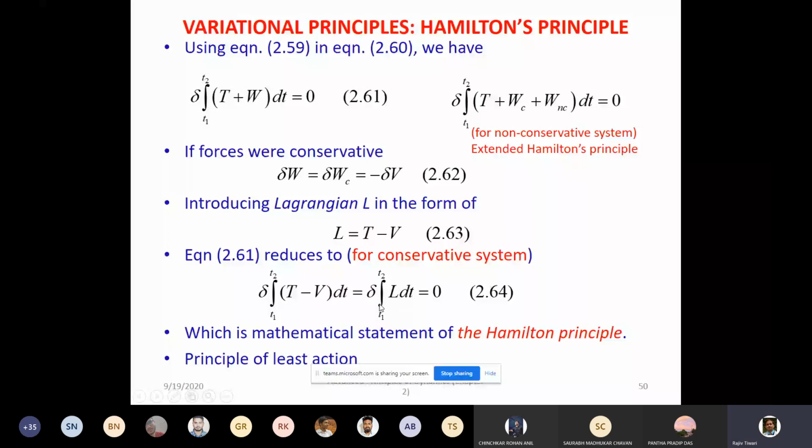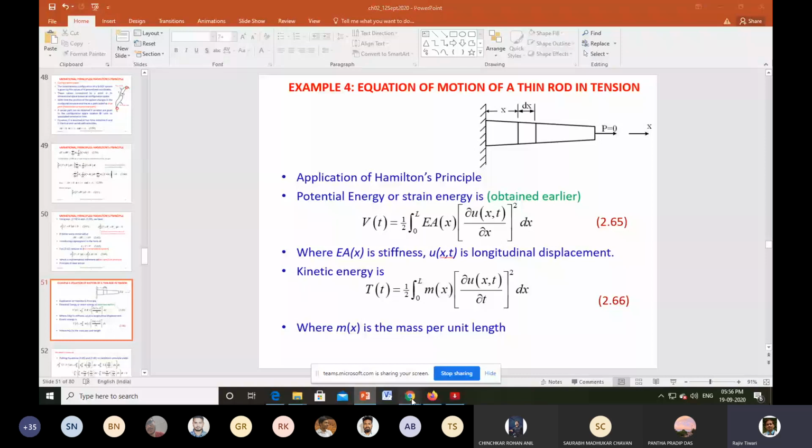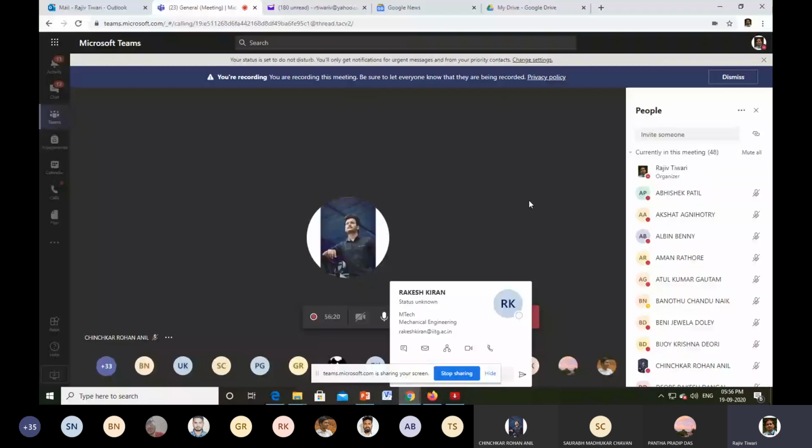So I will take some questions here if you have, then I'll take up. I will stop here. I will take up the example in the next class. Any questions till now? So this was basically a description of the formulation of the Hamilton principle in the simplest way.